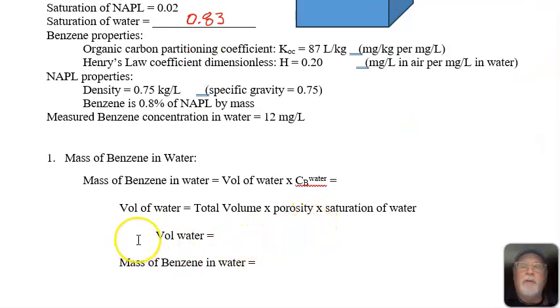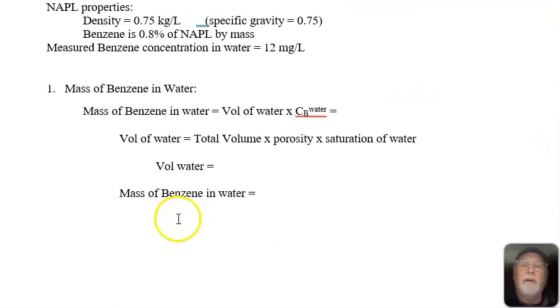So the volume of the water is the total volume of the box, which is 1,000 cubic meters, right? 10 by 10 by 10 is 1,000 cubic meters times the porosity, 0.35. So our pore volume is 350 cubic meters.